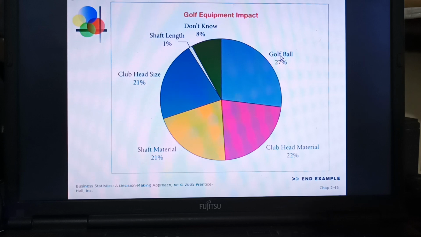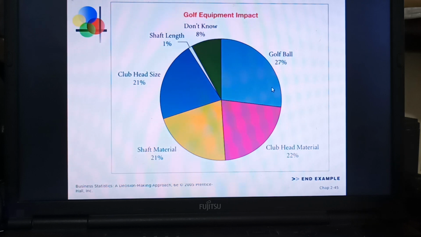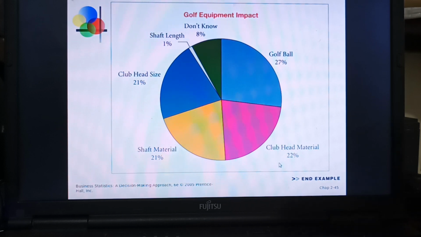27% said that for amateur golfers, they should do something with their golf ball, get a good one. And 22% said that it's the club head material, what the club head material is made of makes the difference.